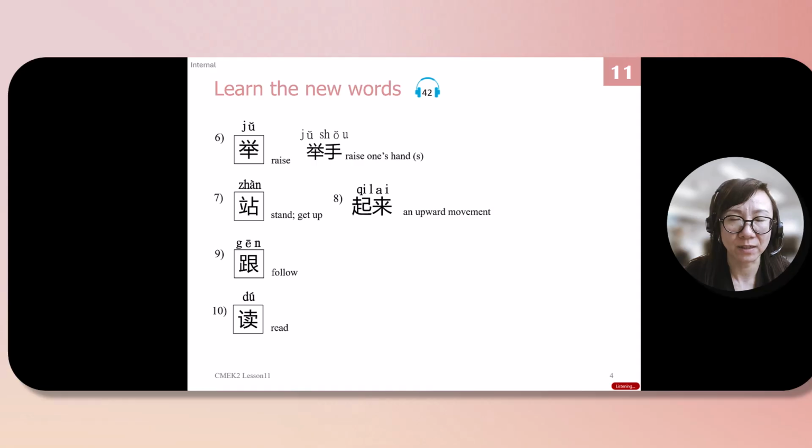We can insert the person between 跟 and 读. For example, read after me, read following me, can be said as 跟我读. Or if you want to say read after the teacher, then you can say 跟老师读.